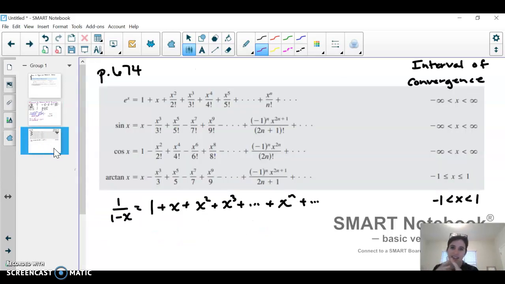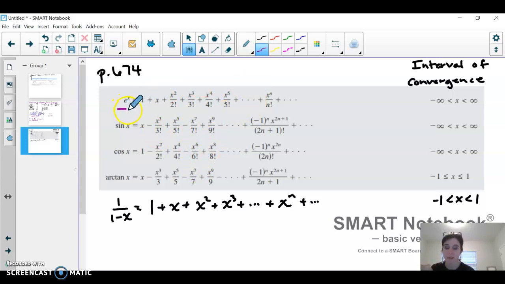So on this next slide, I have taken this from page 674 in your textbook. And what you'll see here are 5 different series that it is your goal to memorize, okay? You'll see here on the left side, the functions. So e to the x is the first one. You don't need to write out all of this. This is in your textbook, like I said.